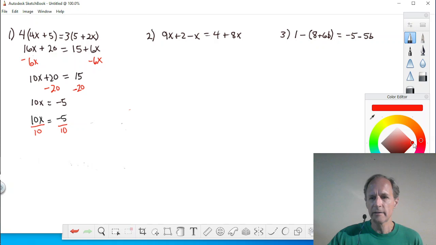And so that gives us x equals, so what's negative 5 over 10? We need to reduce that, right? You can't just leave it negative 5 over 10 to get full credit, and that reduces to negative 1/2.